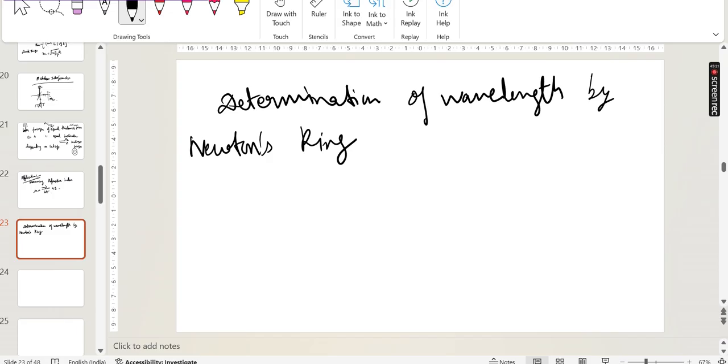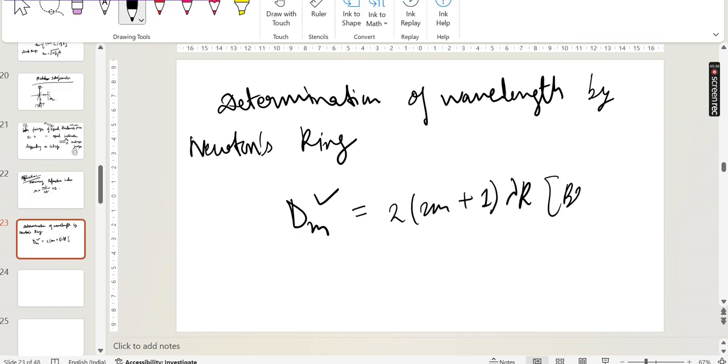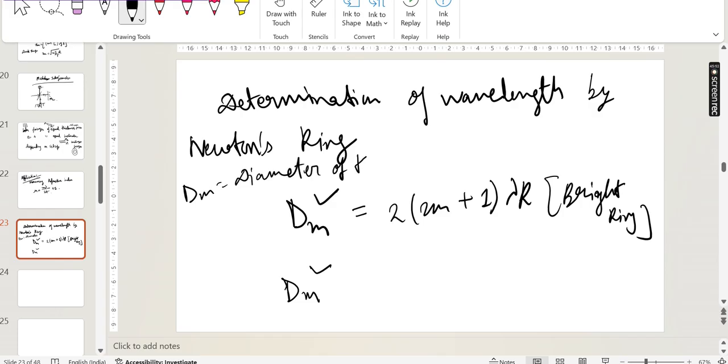For a bright fringe, xn squared is basically (2n plus 1) lambda R over 2. For a dark fringe, the diameter dn squared will be 4n lambda R.